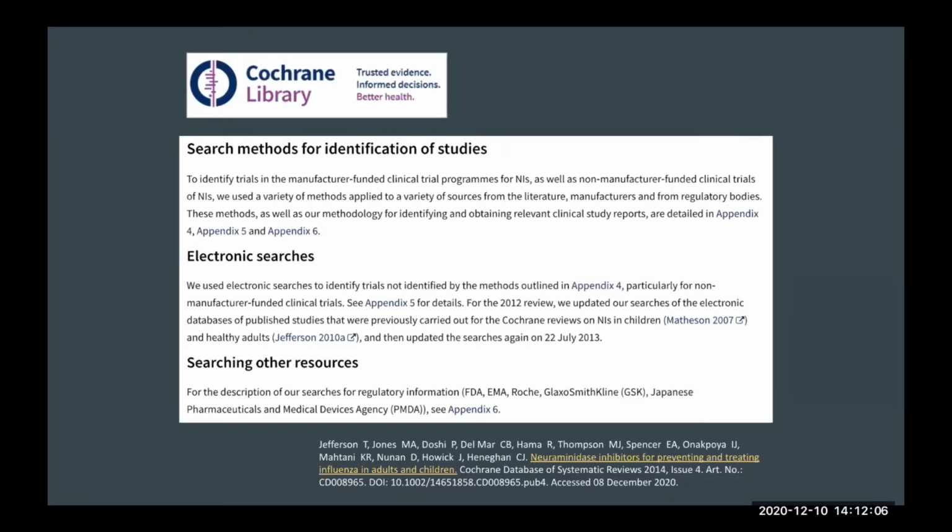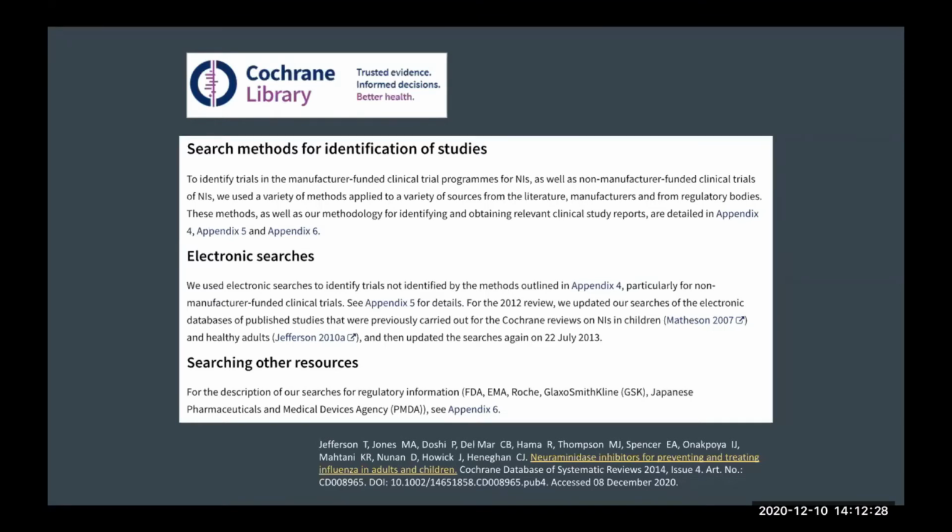And I just wanted to throw this up here for a second, just to show that there is a combination of electronic searches that you might traditionally do in the major databases, Medline, Embase, et cetera, as well as a description of a search in other sources.